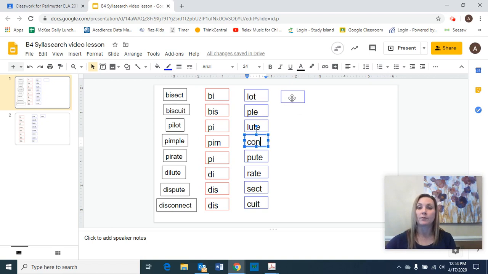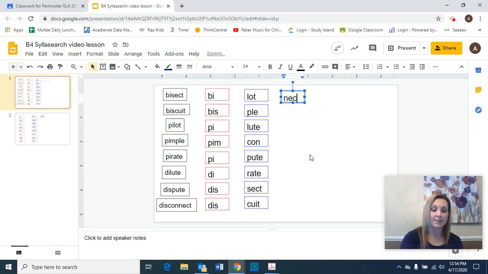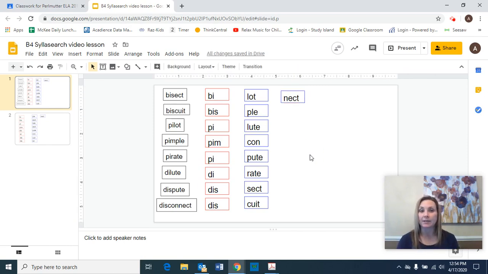What is the third syllable in disconnect? N-E-C-T. Excellent. Now, I would like you to take a minute and review these words. Say them in your head. Bisect, biscuit, pilot, pimple, pirate, dilute, dispute, and disconnect.